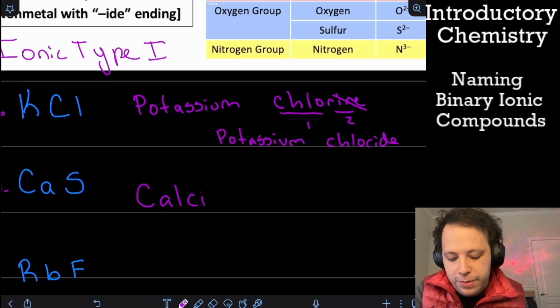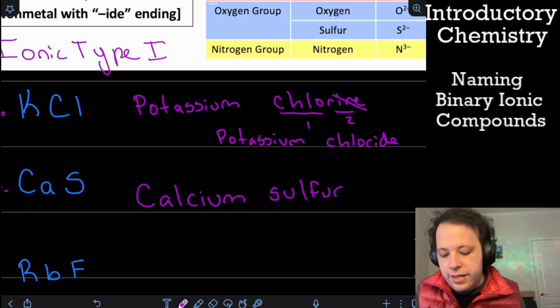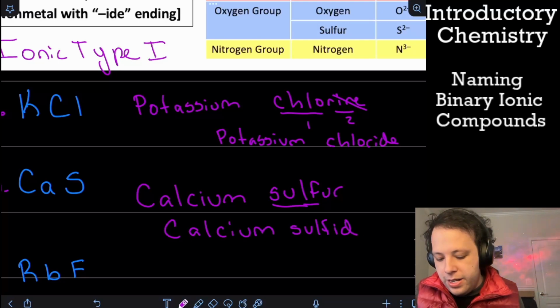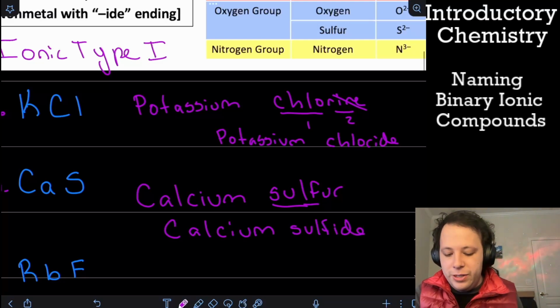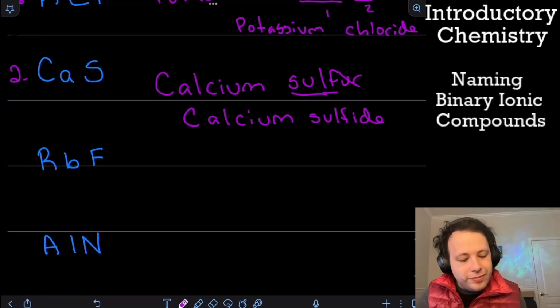The metal name stays the same. The only thing that's going to change is the non-metal. We keep that first syllable, the sulf part, so it's going to be calcium sulfide. We drop that last little bit and change the ending.